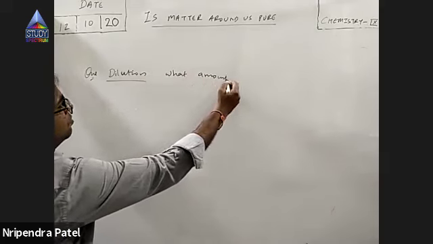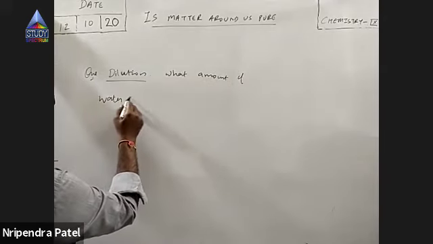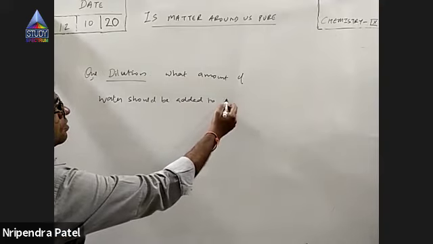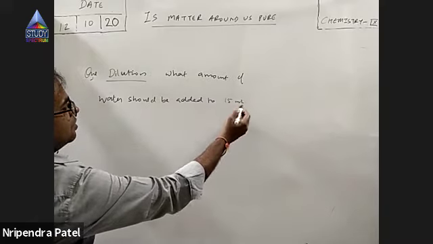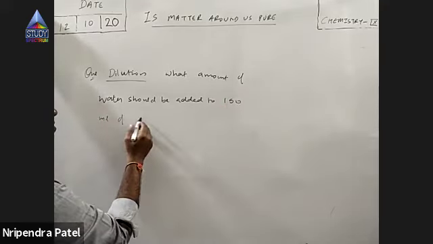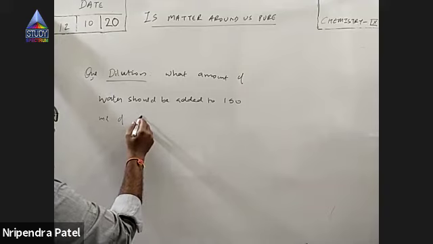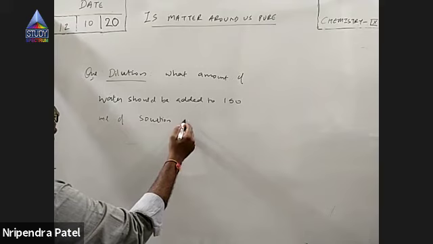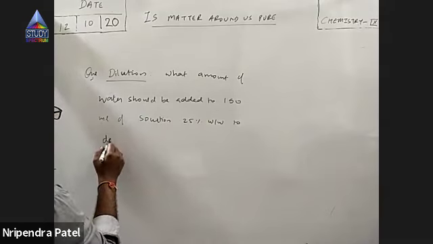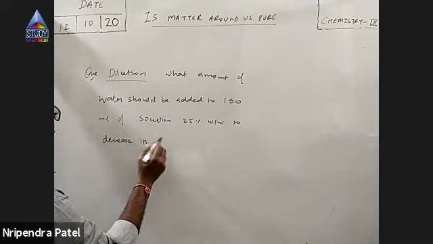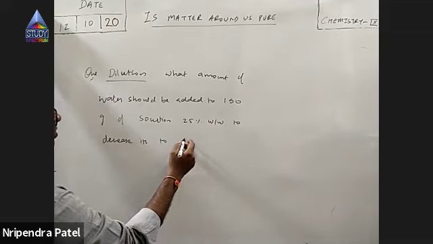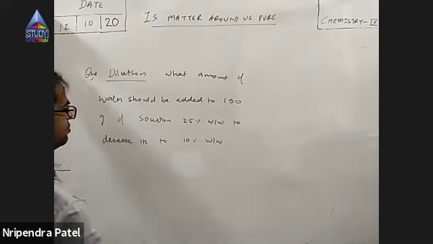What amount of water should be added to 150 gram of solution, 25% W by W, to decrease it to 10% W by W? So do it.